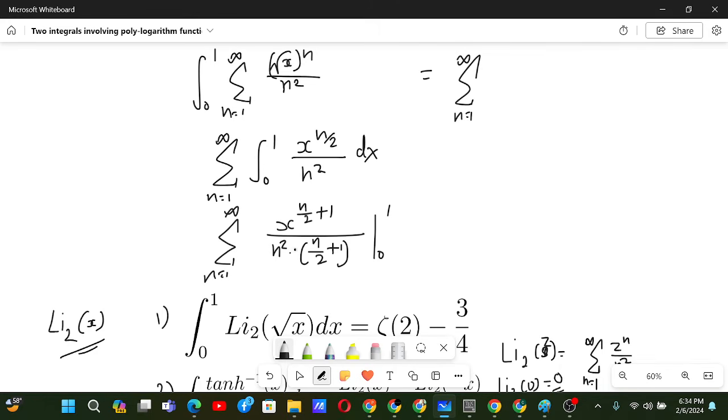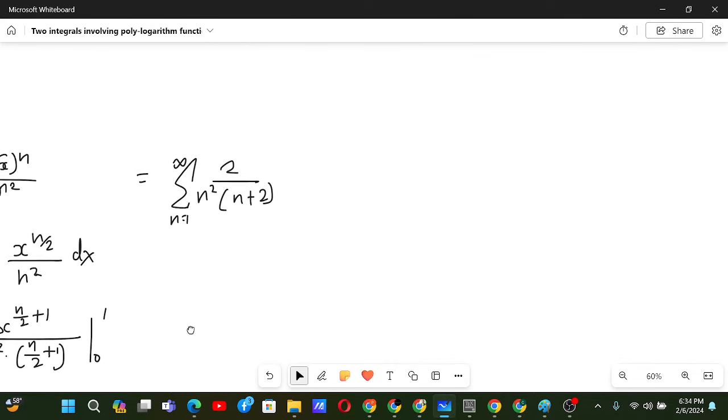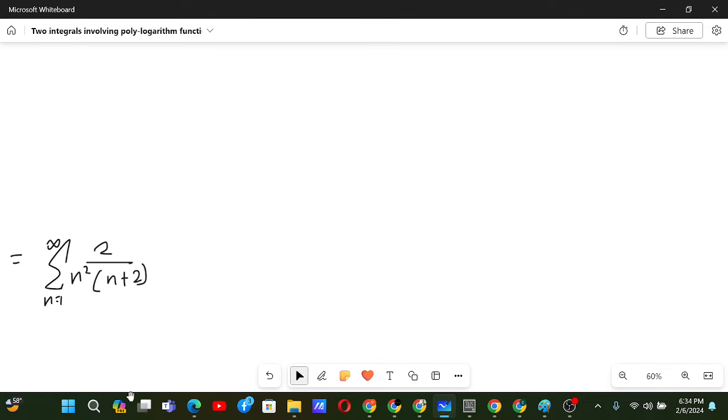At 1 this is just 1, at 0 this is 0. So we will have 2 by n squared times (n+2), and then minus 0, so it doesn't matter. Now what remains is to evaluate this sum. For the sum we can use partial fractions. That's somewhat difficult because it involves a lot of work, but let us do it.